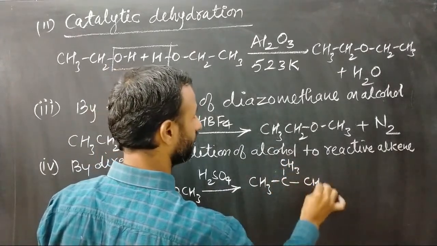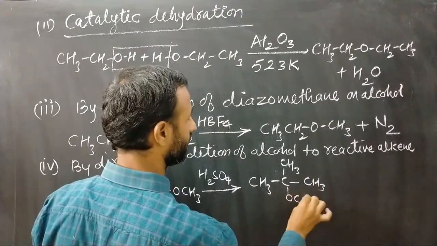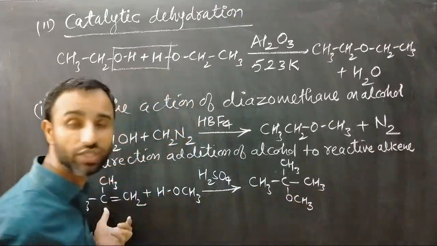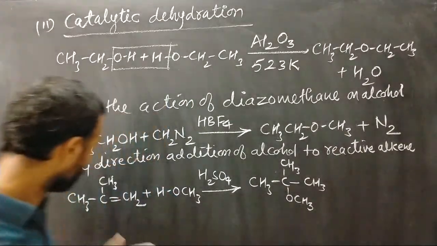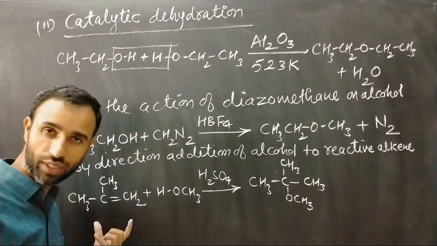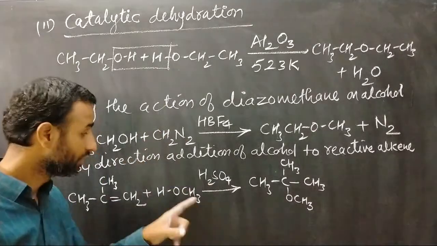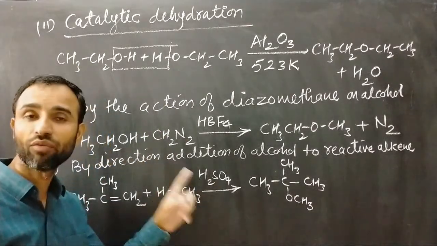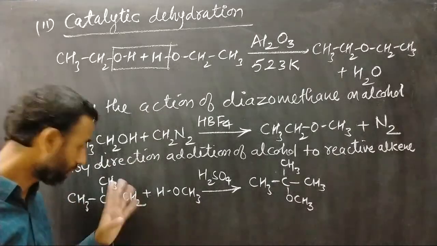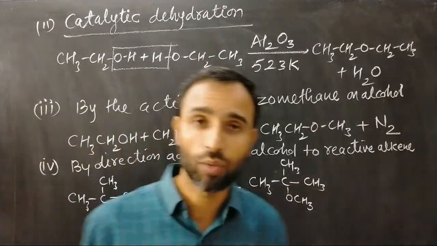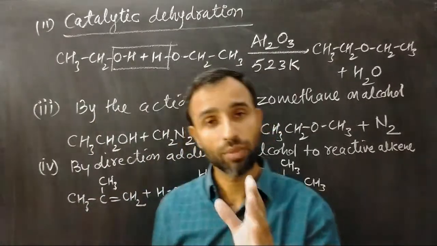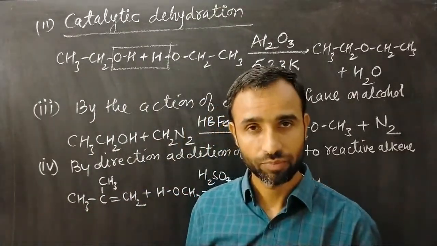Obviously, this is an SN1 reaction. What type of reaction? SN1. So it means a carbocation is formed and then the alkoxide ion attacks it. First the carbocation is formed. That means if a carbocation is formed, a rearranged product may be formed sometimes.